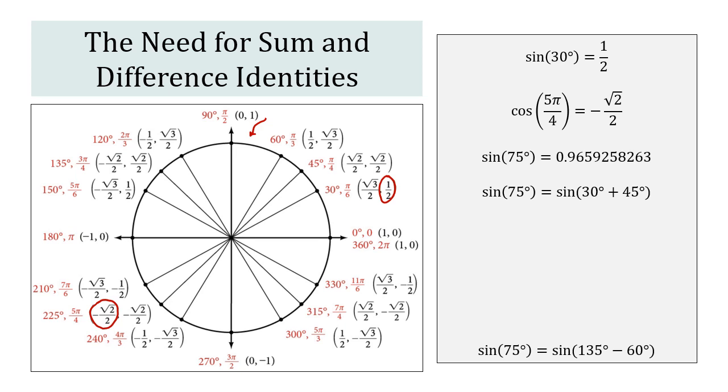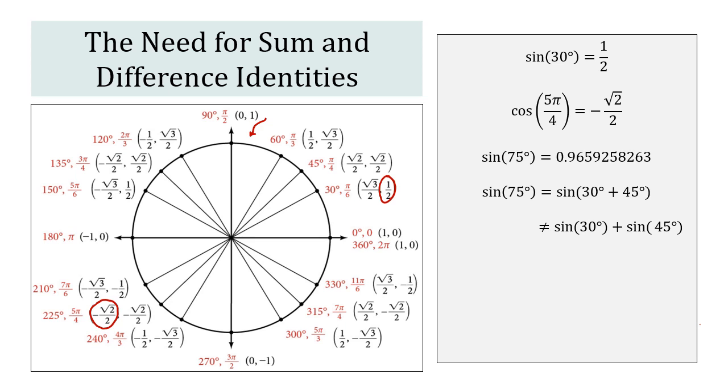It's a common misconception to think that the sine of 75 degrees is equal to the sine of 30 degrees plus the sine of 45 degrees. Remember that sine by itself holds no meaning, so distributing it isn't something that means anything.